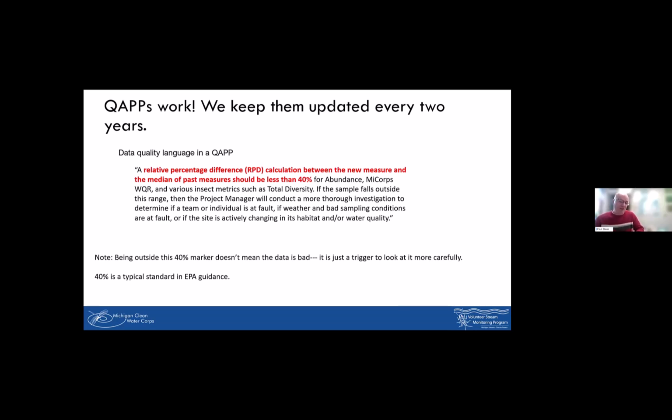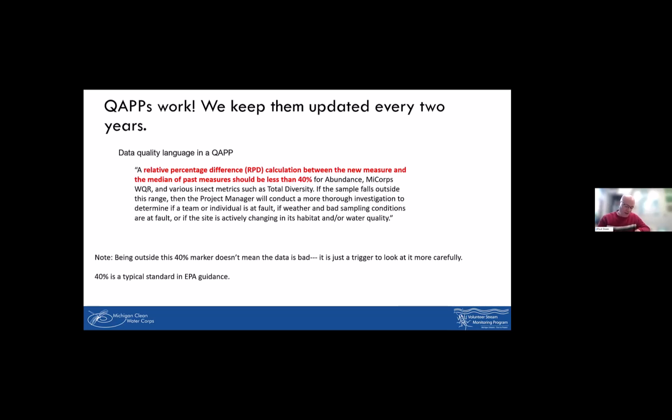QAPs work, right? They provide this long-term reference for you, for your replacement, to make sure you're doing things consistently within your stream monitoring program. In MiCorps, all of the MiCorps affiliated organizations, the Watershed Councils, the conservation districts, are all required to keep these QAPs updated every 2 years.